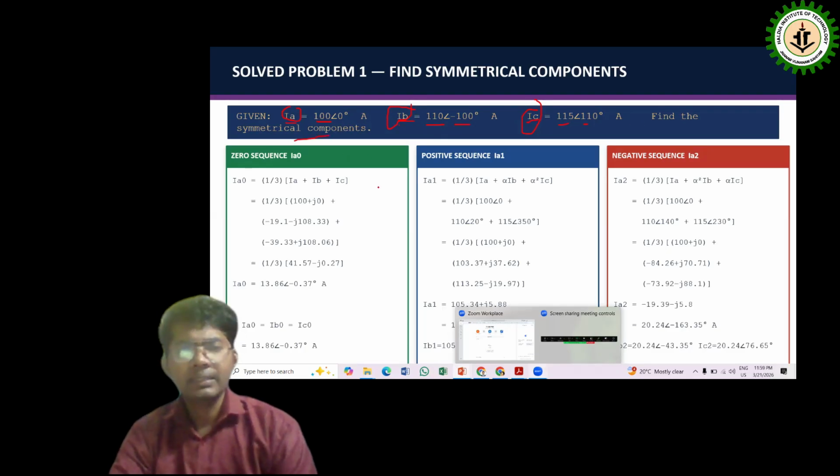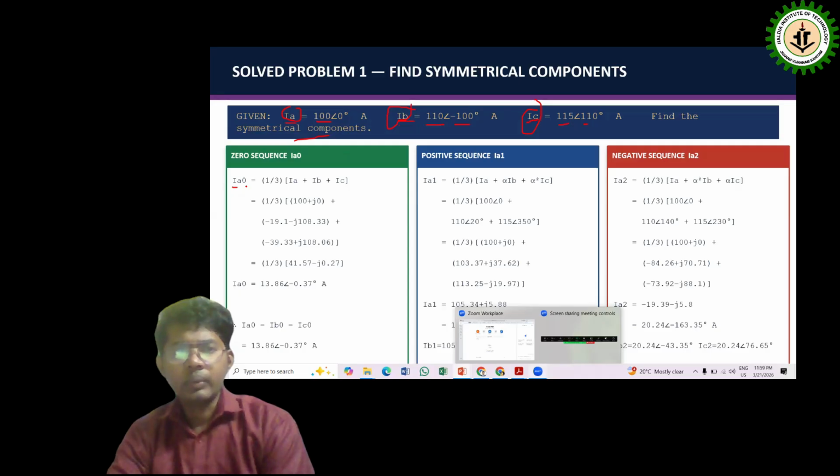How? We know the relation because we already derived it. So IA0 equal to what? IA0 equal to 1 by 3 of IA, IB, IC. Here IA equal to 100 plus j0. Simply polar to rectangular conversion is used here.